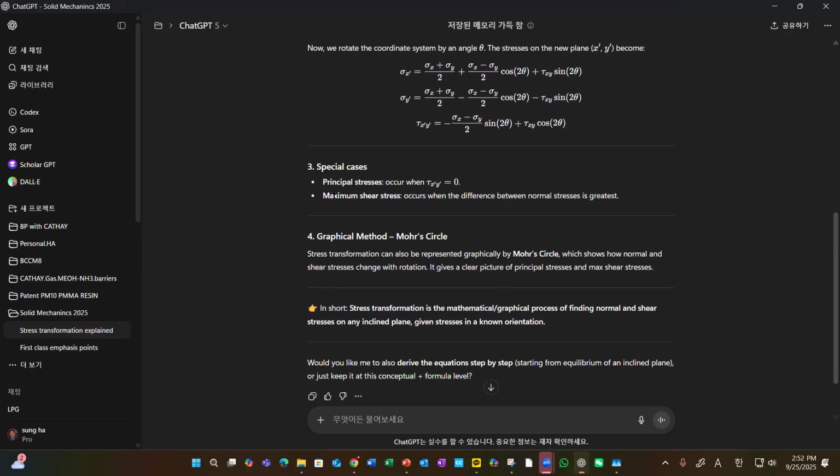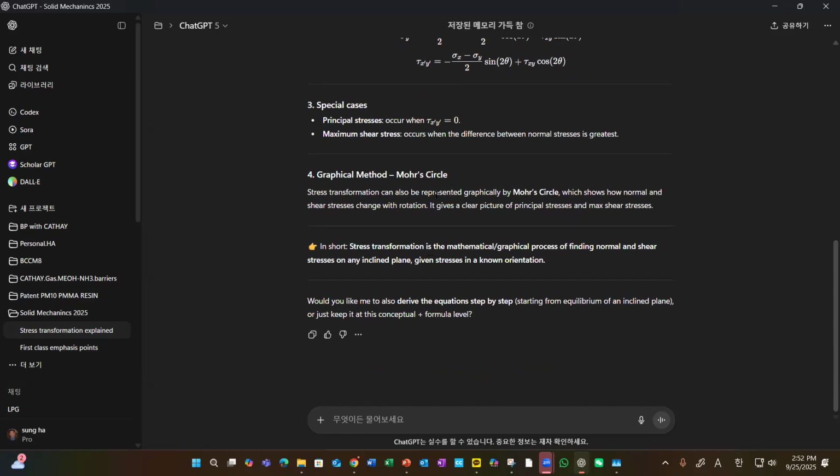And in the special case, principal stress occurs when shear stress is zero. And graphical methods, Mohr's circle, and so on.